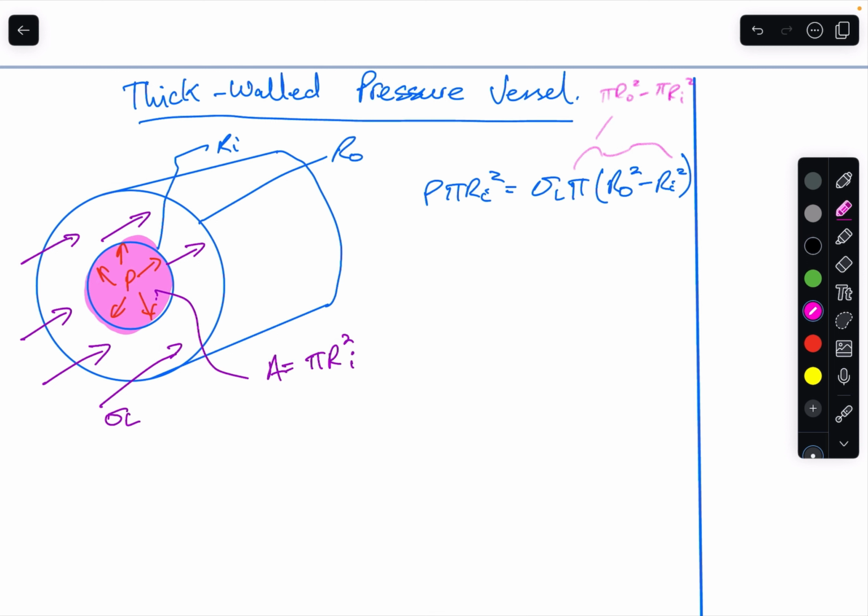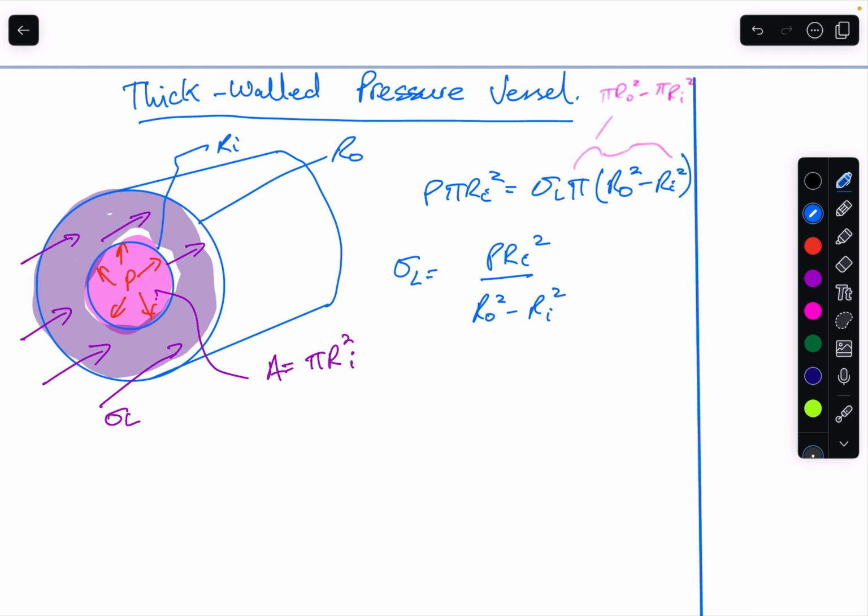So that is this area here, the annulus ring. When we do that, we can solve for longitudinal stress as P ri squared over the difference of the squares of the internal and outer radius. So this is the longitudinal stress.